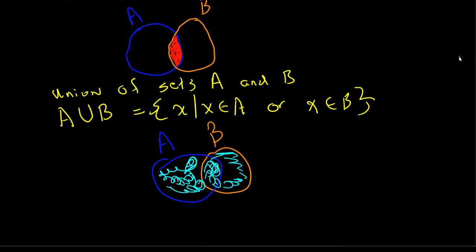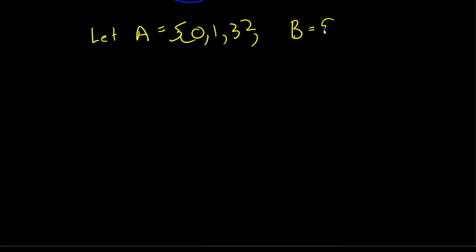So let's do an example here. We'll let A be the set of 0, 1, and 3. And we'll let B be the set of 0, 1, 2, and 4.